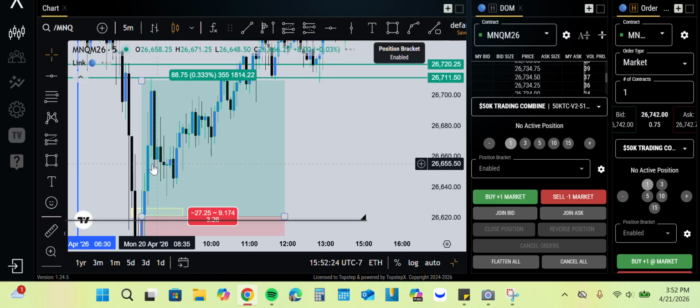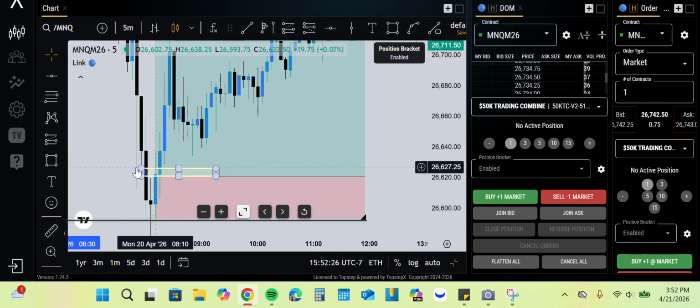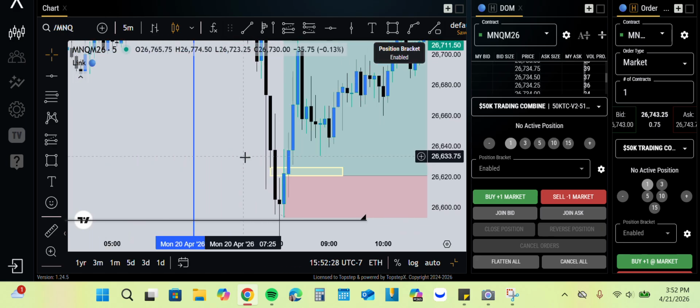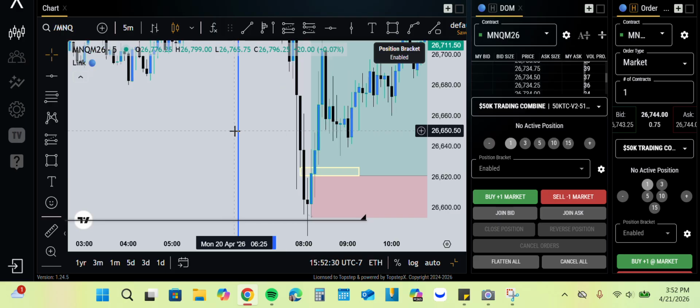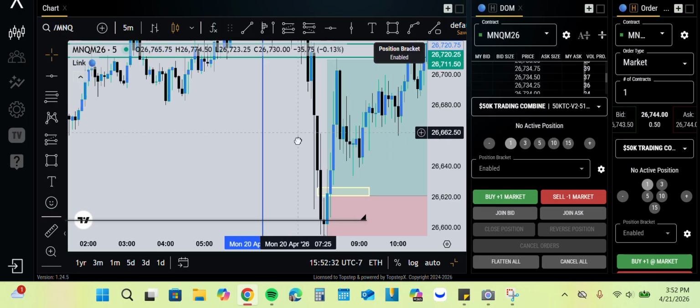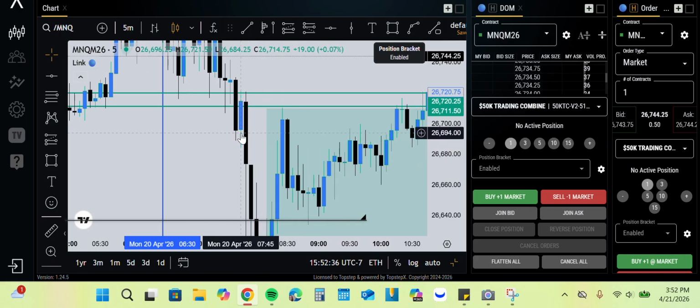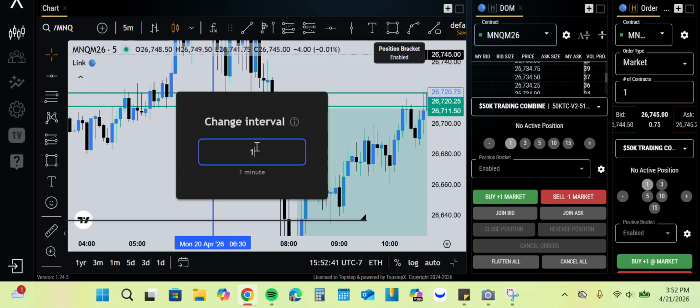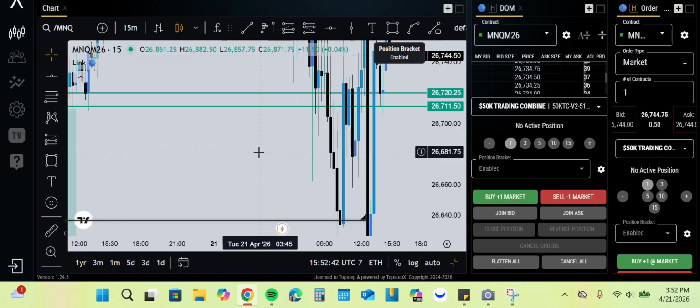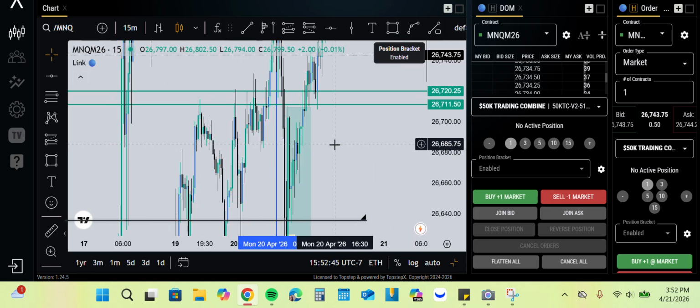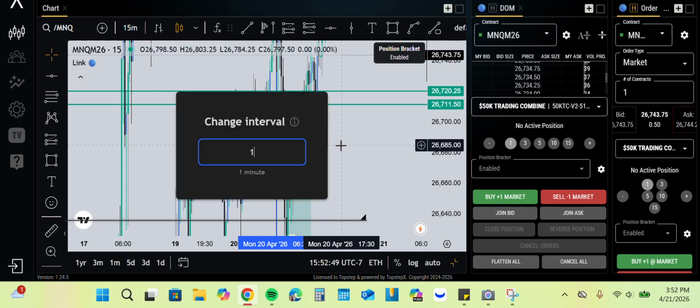Alright, so we found our entry. Now let's find where I would potentially exit, where my draw on liquidity is, where I want this trade to go. So for this trade, I always like to go on a higher time frame to see where liquidity is, either on like 15-minute, even 1 hour is good.